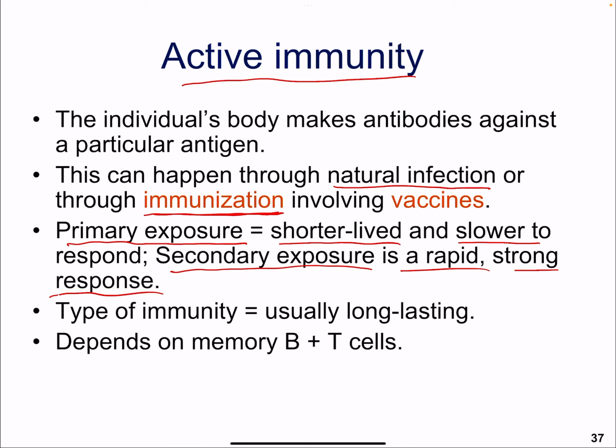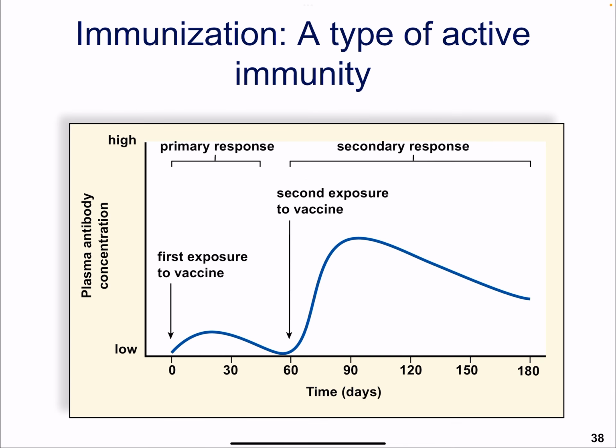So active immunity is going to be usually long-lasting, can last months to years, or even your lifetime, okay? It's going to depend very much on B memory and T memory cells.